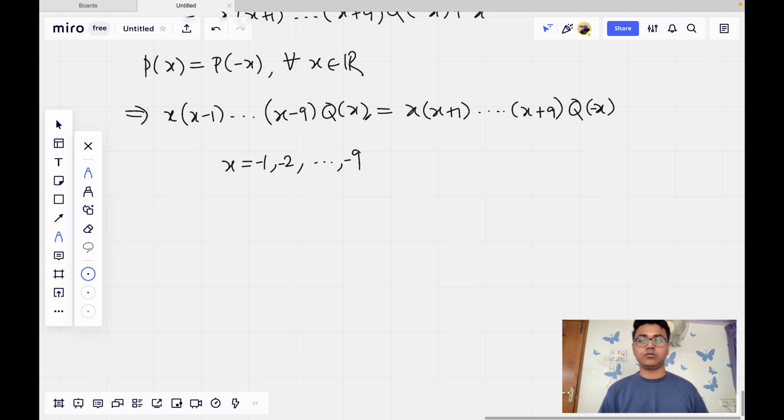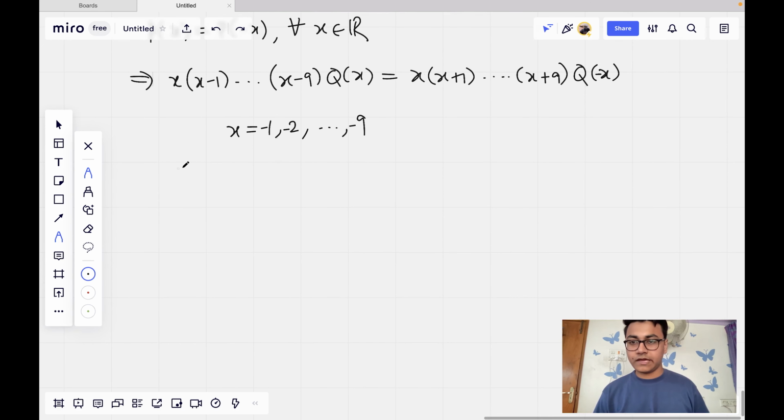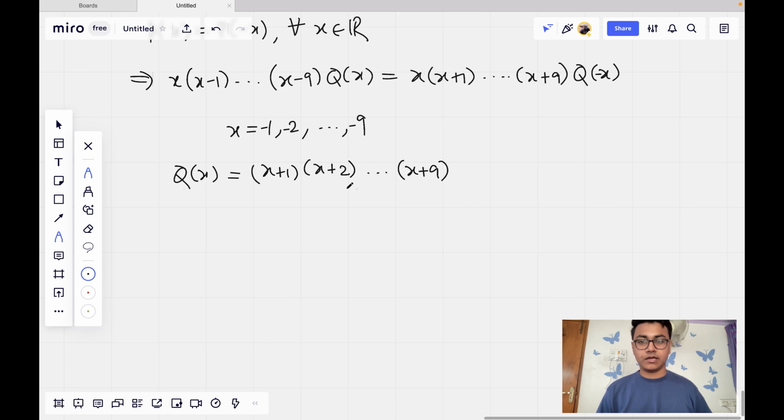Similarly, q of minus 2 is equal to 0. In general, q of x is the polynomial x plus 1, x plus 2, till x plus 9. But this is a 9 degree polynomial. Q is a 10 degree polynomial. So there is another term here, x plus s. Okay.